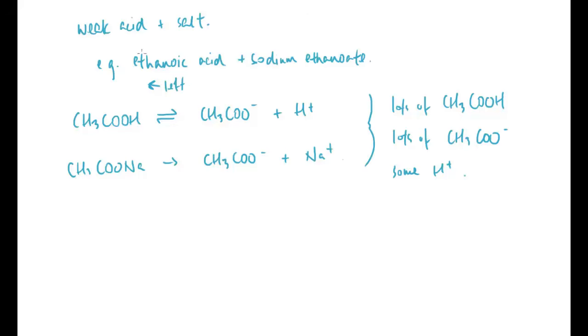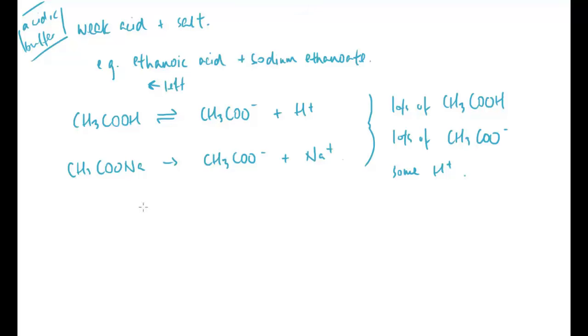Now I should have specified this is an acidic buffer. I do apologise, I haven't said that earlier on. The basic buffer I'll come on to in a second. It's the same concept, but obviously with bases, not with acid. So that's obviously why we've got some H plus there. So, a nice acidic buffer.